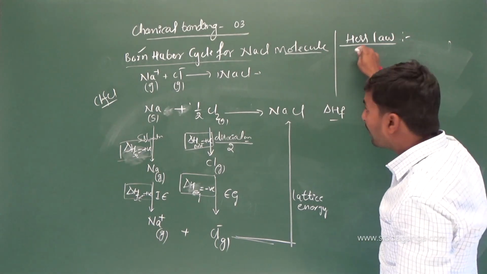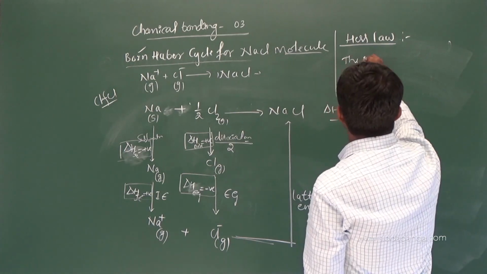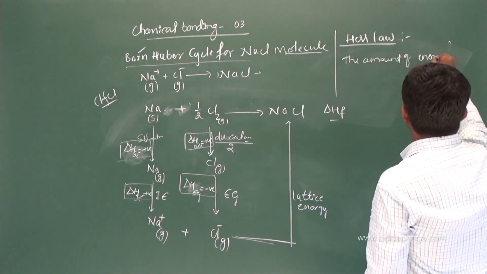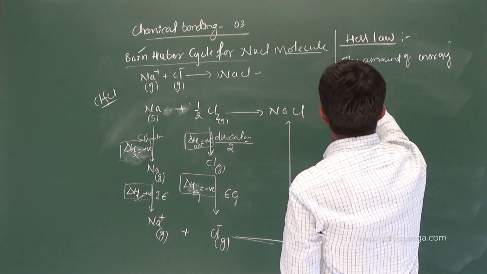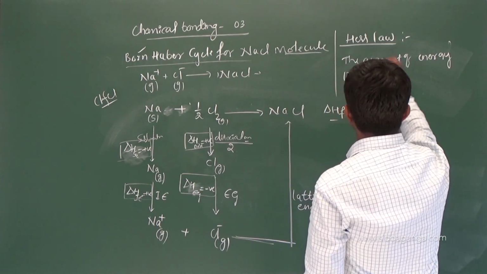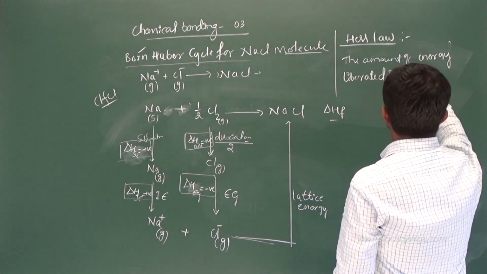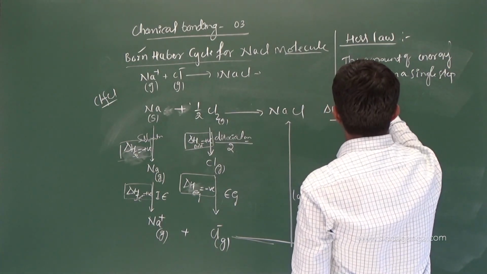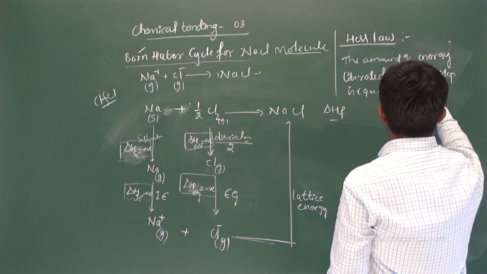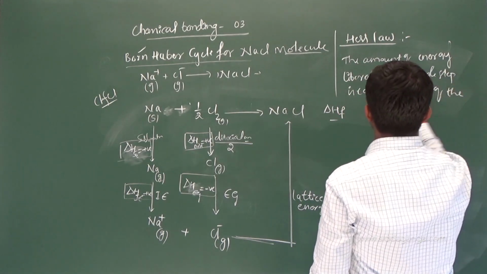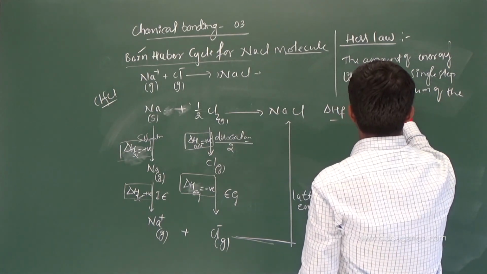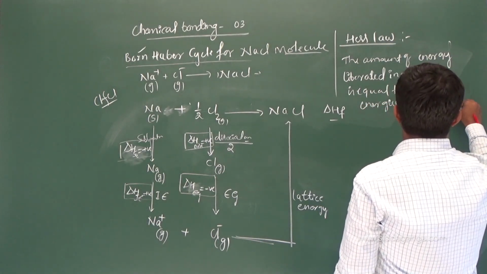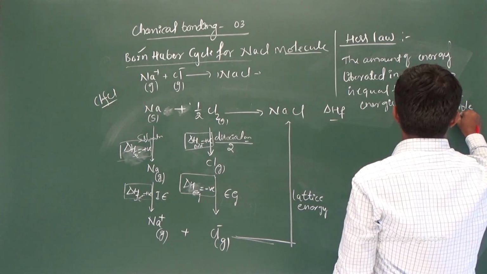Hess law. According to this law, the amount of energy released in a single step is equal to the sum of the energies of multiple steps. What does this mean?